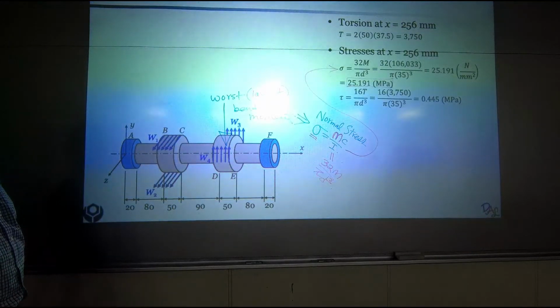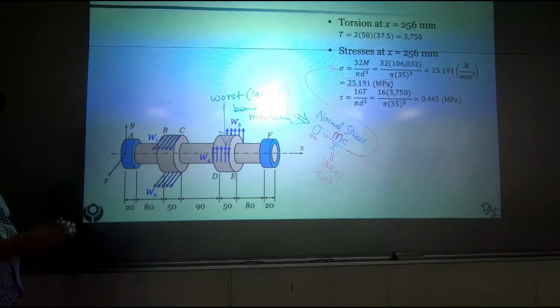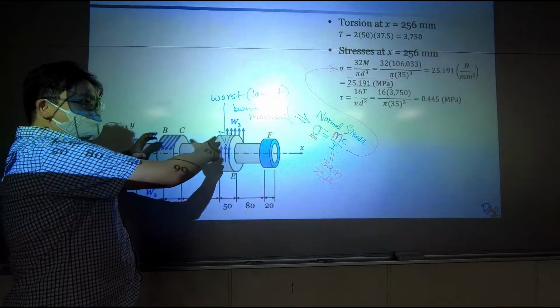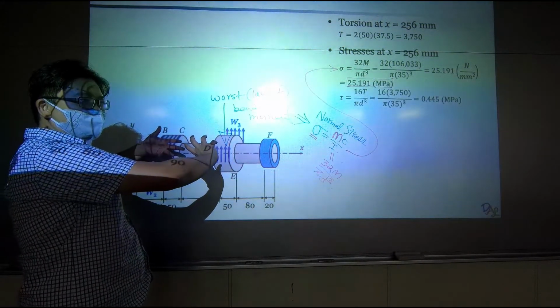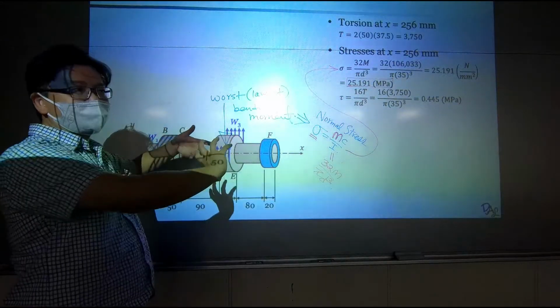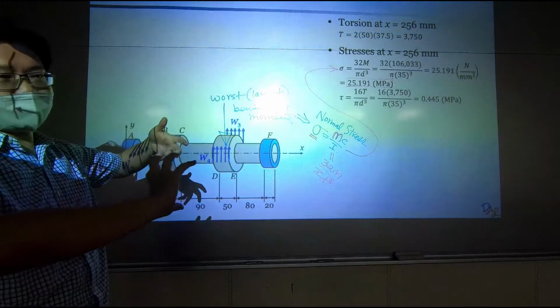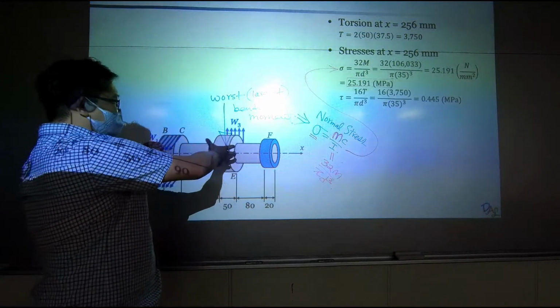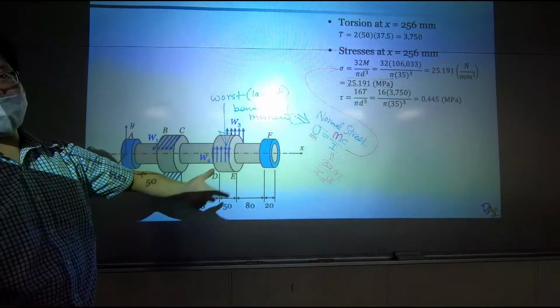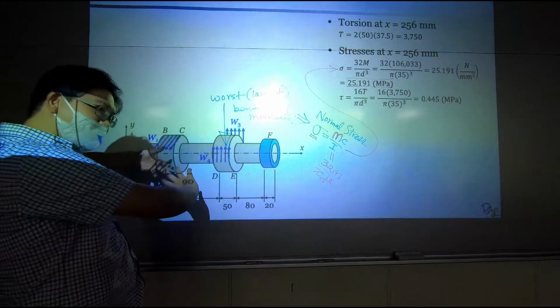Okay, how about torque? Remember what I said at the beginning? It's always under some kind of twisting torque. And the problem doesn't tell you whether this twisting force is going to reduce or vary. It's always there.